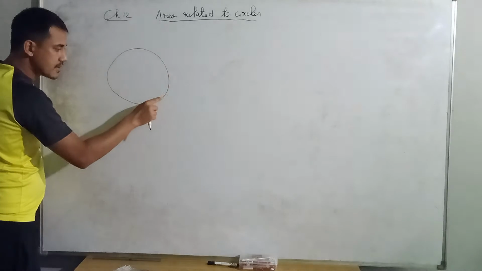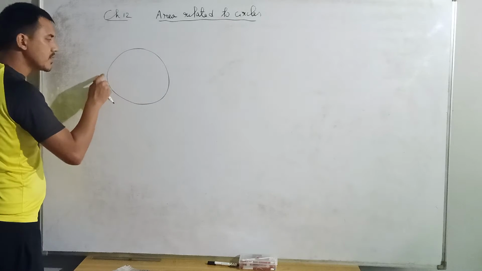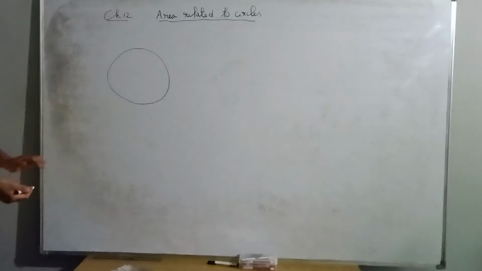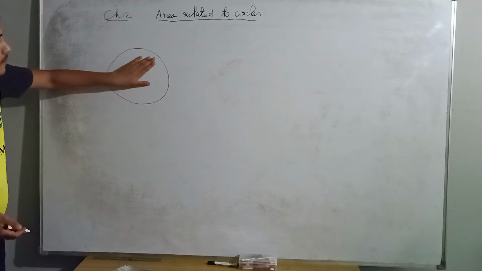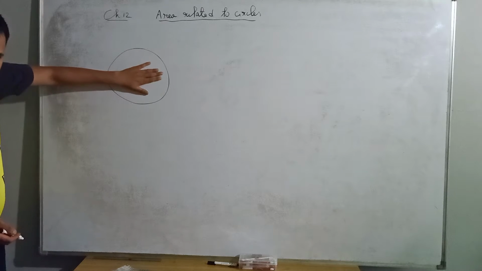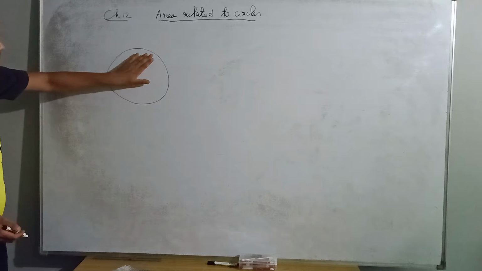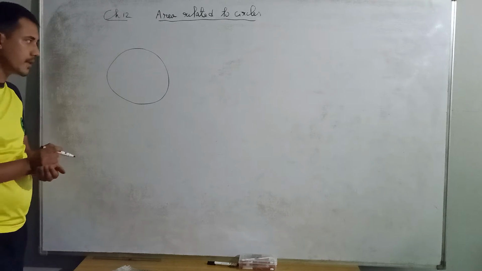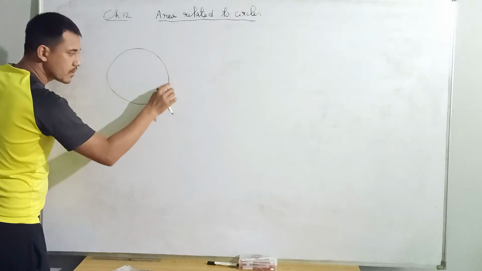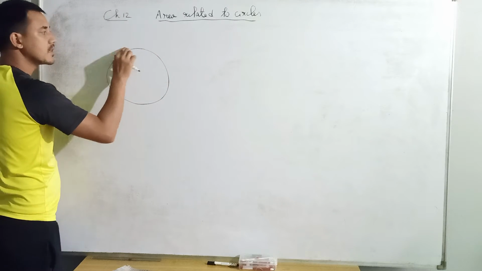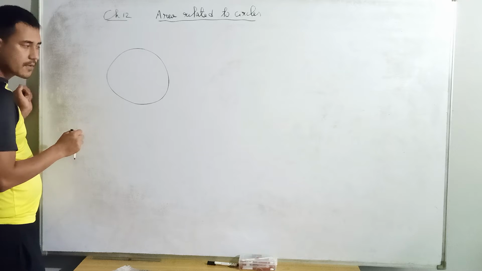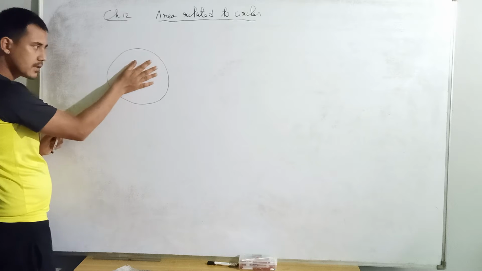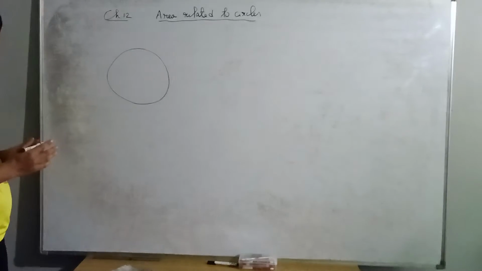And the plane surface enclosed in a circle is known as its area. Let me repeat. The total distance around a circle is known as its circumference, and the plane surface enclosed in a circle is known as its area.